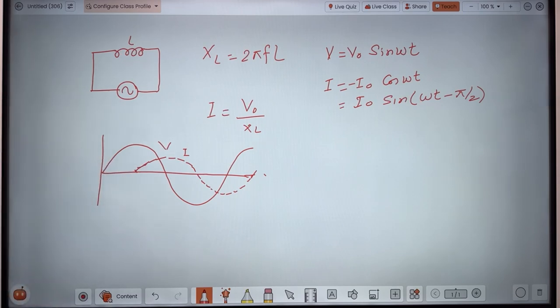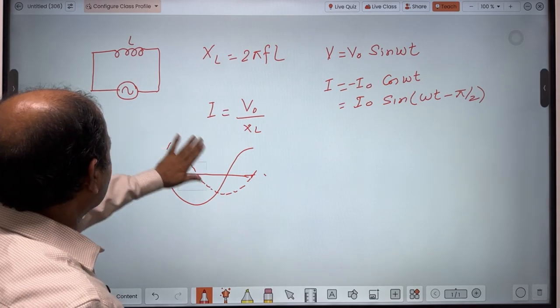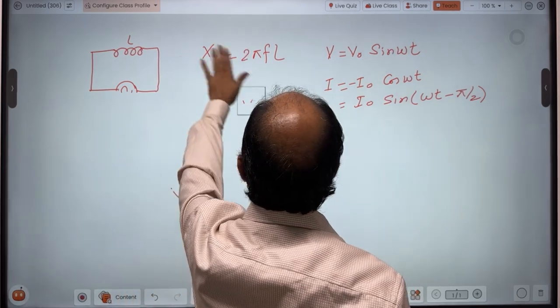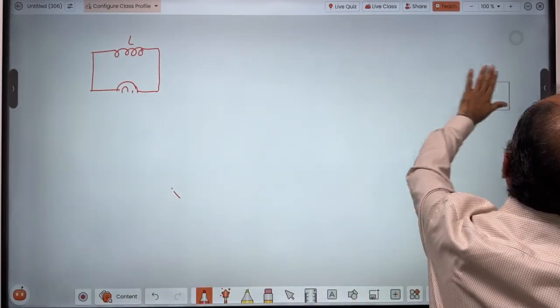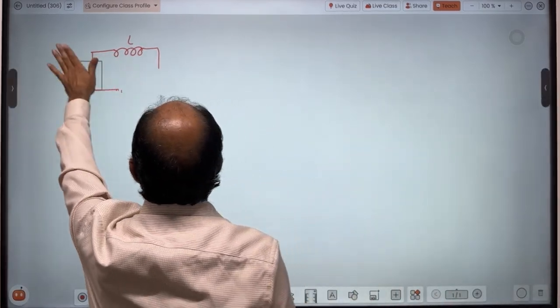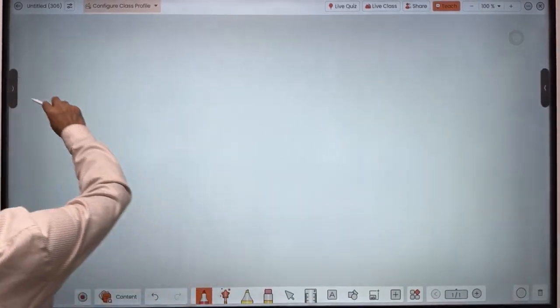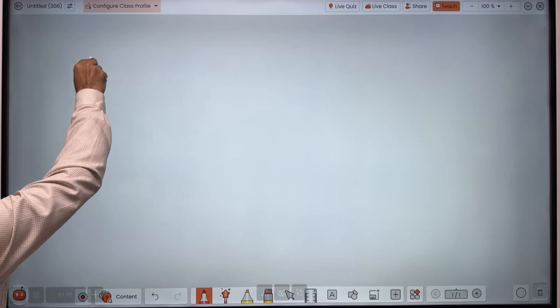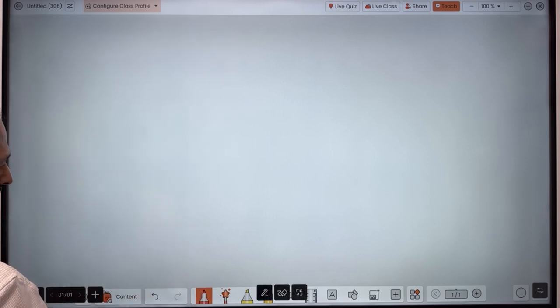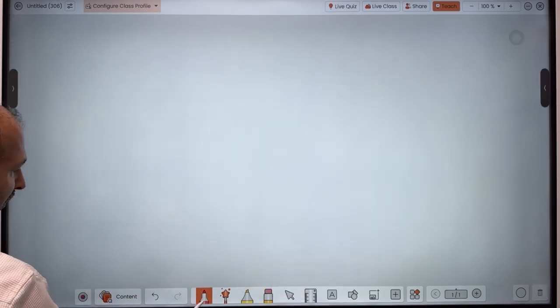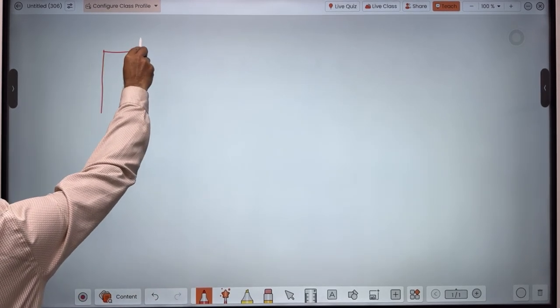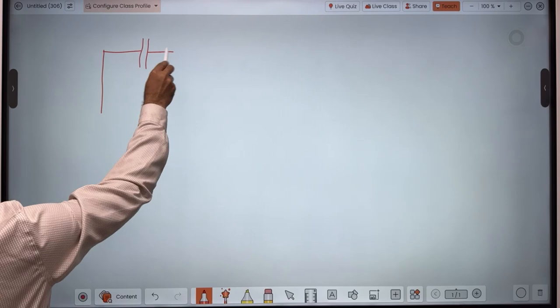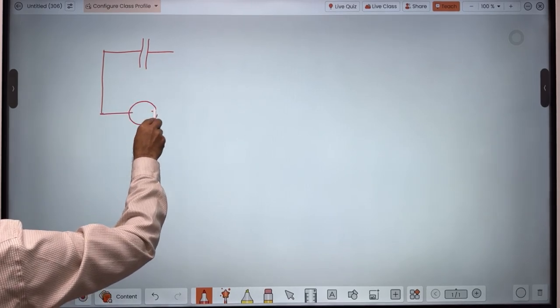Then comes next one. Next one is a capacitor in AC circuit. So when capacitor is connected to AC circuit, then what happens? So here there is a capacitor and this is AC source.